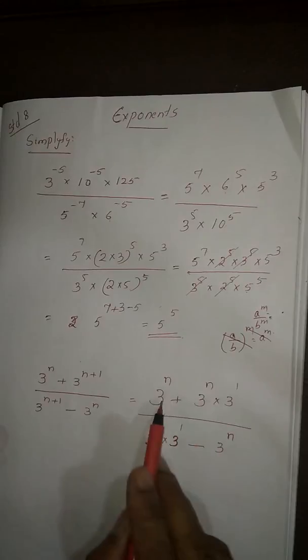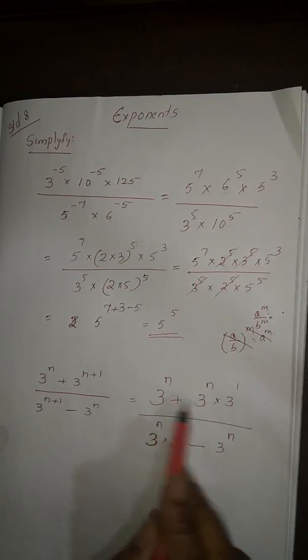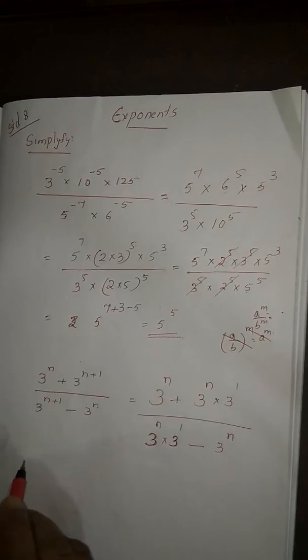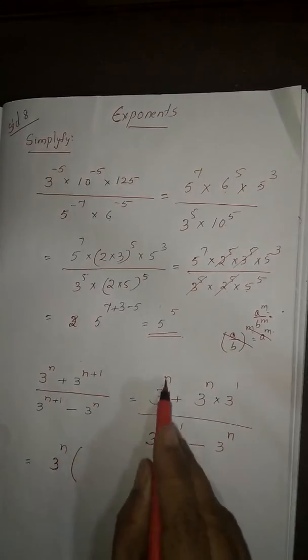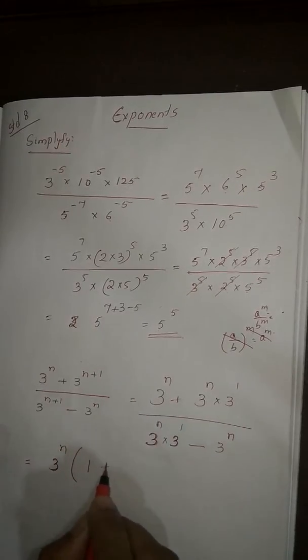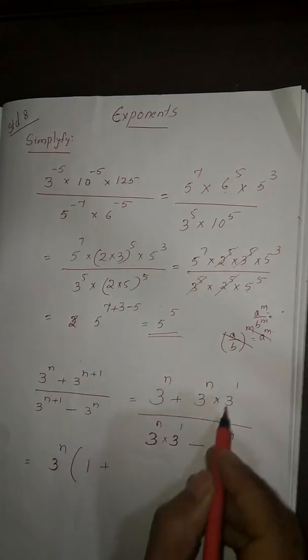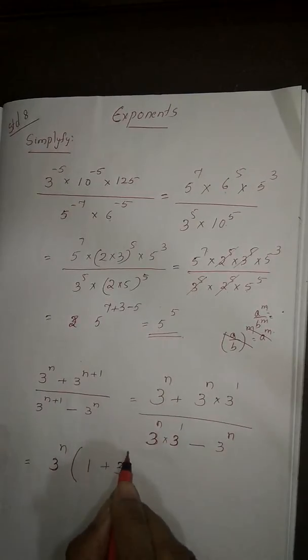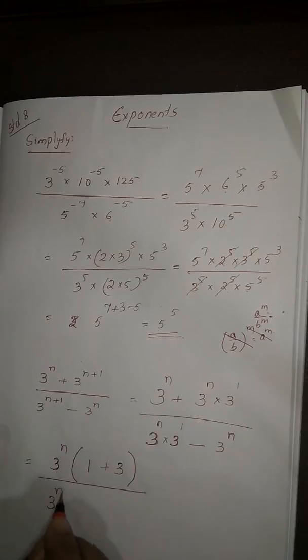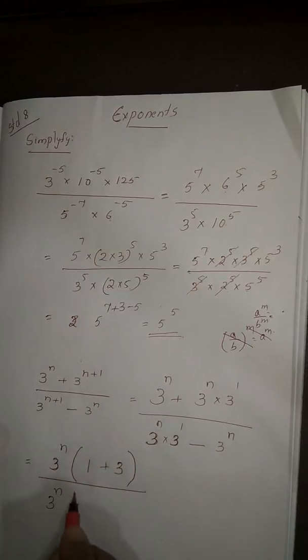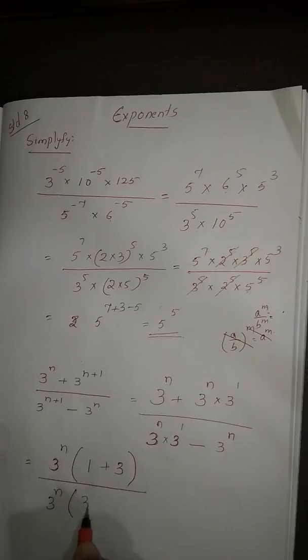So now in this term, if you see, 3 to the power of n is common in both the terms. So the distributive property we are using here, 3 to the power of n can be taken out. So what is remaining in this first term? 1. And this 3 to the power of n has been taken out. So what will remain? 3 by, again here 3 to the power of n has been taken out, so 3 will remain.